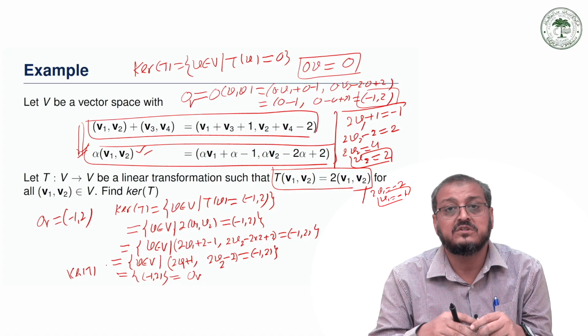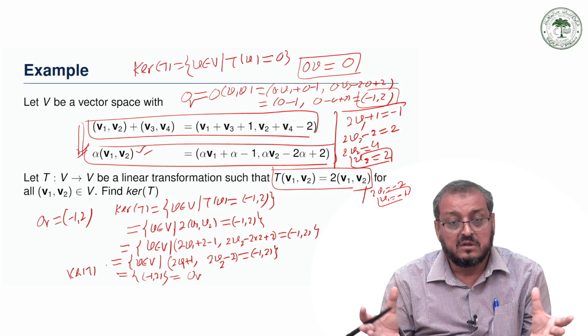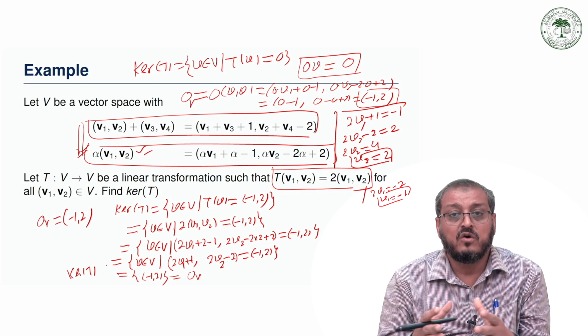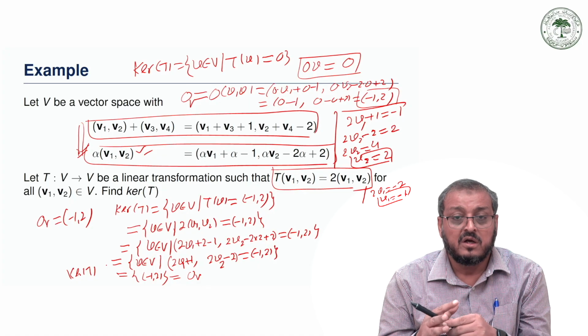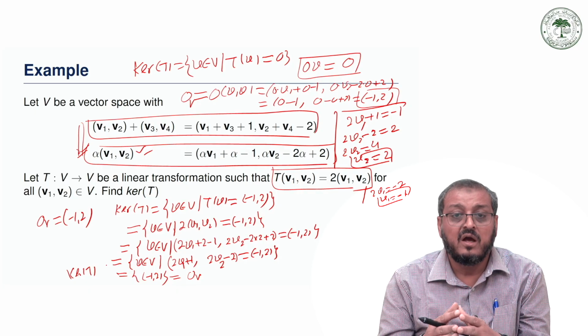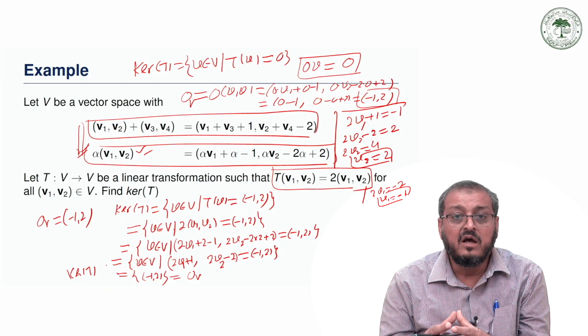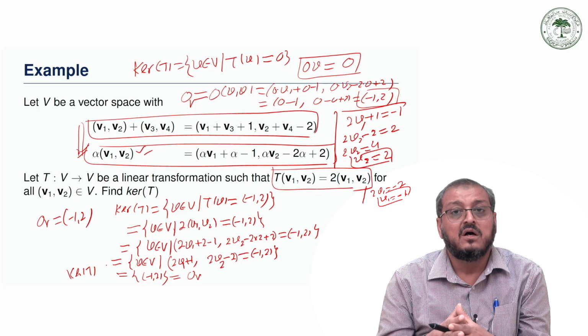With the help of these results we can easily calculate the kernel and the range of any given linear transformation. So I will stop today's lecture here, and we continue in the next class with some properties of range and kernel, which are very useful for solving problems and some applications also.